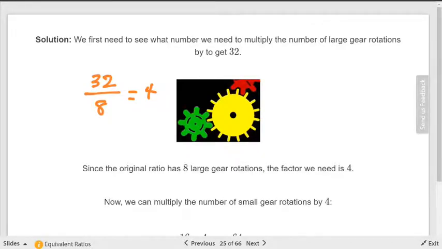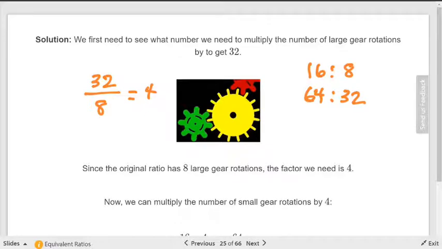Okay? So, if I multiply one of them by 4, then I have to multiply the other one by 4. So my original ratio, right? I want to turn that 8 into 32. So what did I multiply 8 by to get it to 32? 4. So that means I have to multiply the 16 by 4 as well, which gives me 64. Okay?